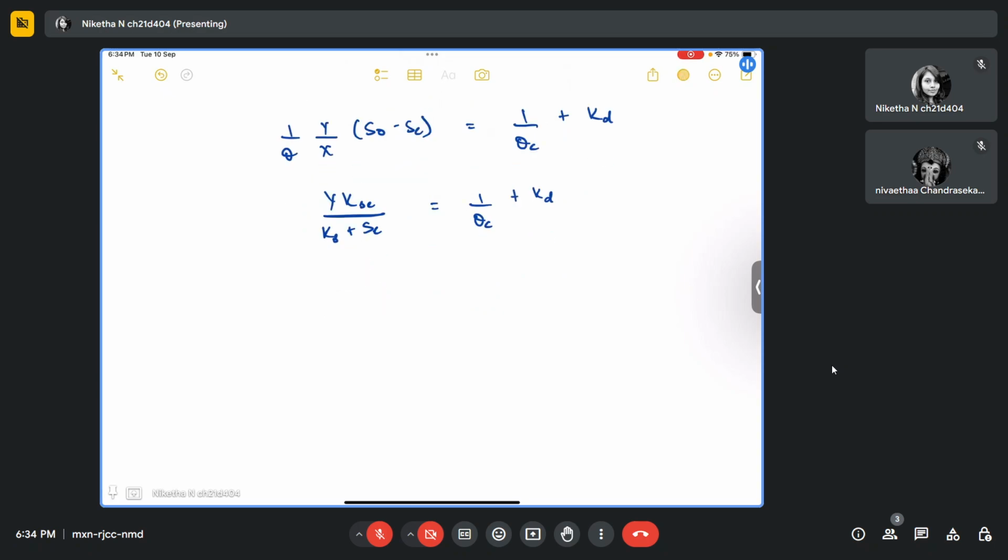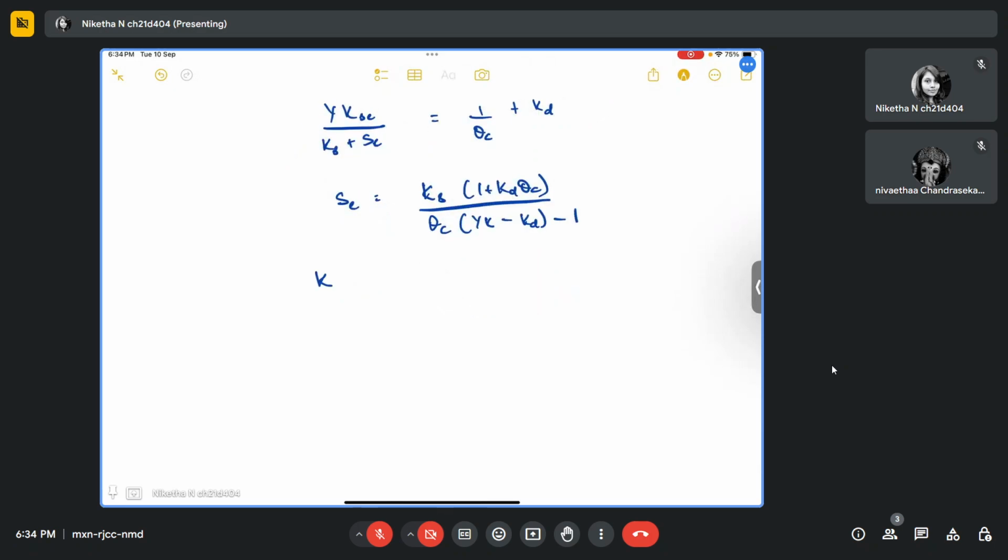If we solve this, then we will get S equals Ks into 1 plus Kd into theta c by theta c into (Yk minus Kd) minus 1.